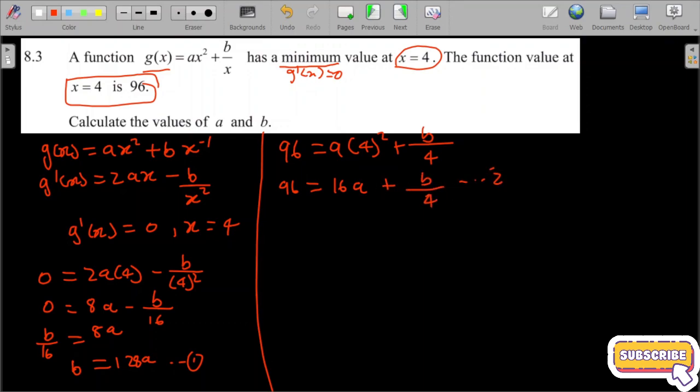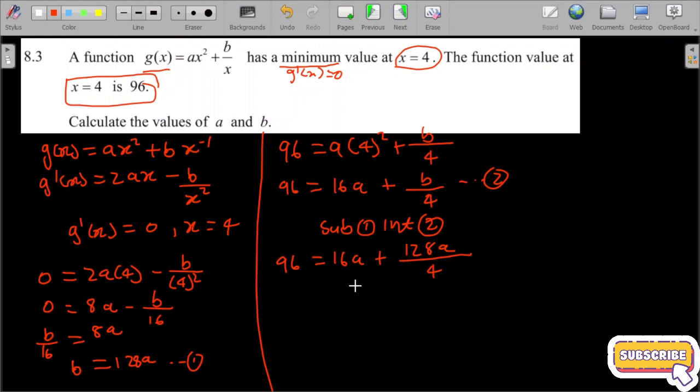Now this is equation number 2. Now from here simultaneously I can substitute equation number 1 into equation number 2. So I know wherever I see b, I can put this thing here. So from here I can say 96 is equal to 16a plus, I know b is 128a, all over this 4 that I have here.